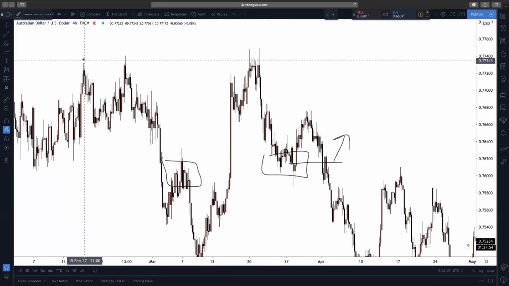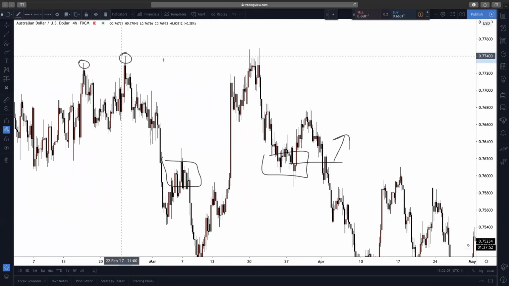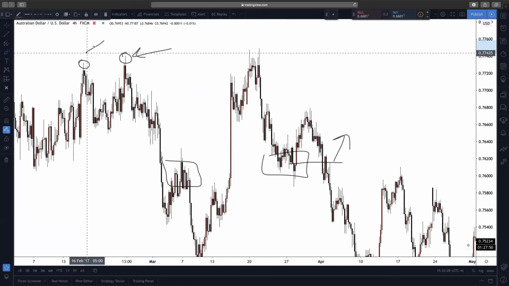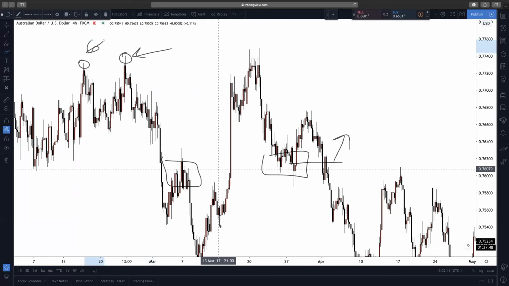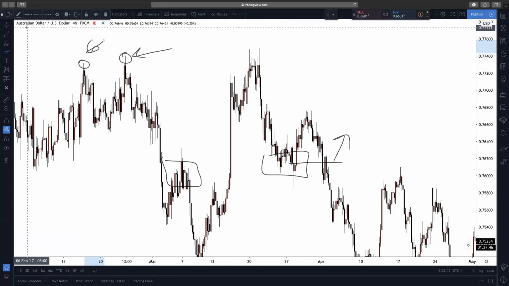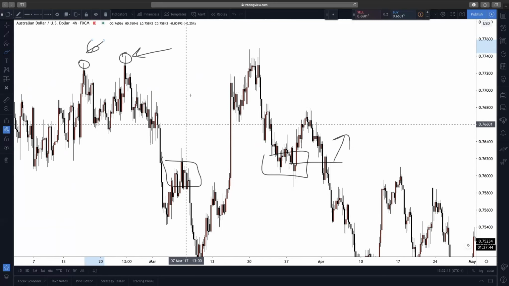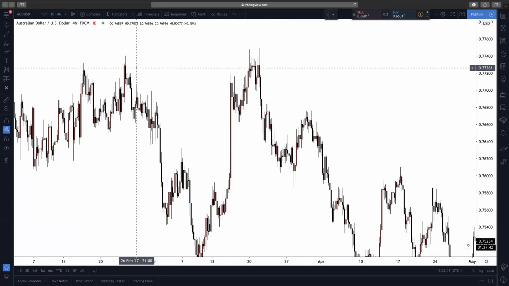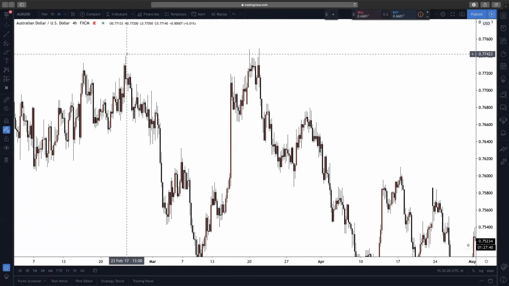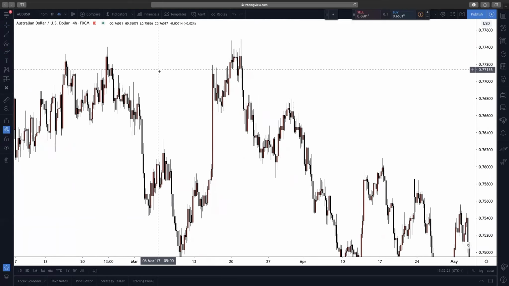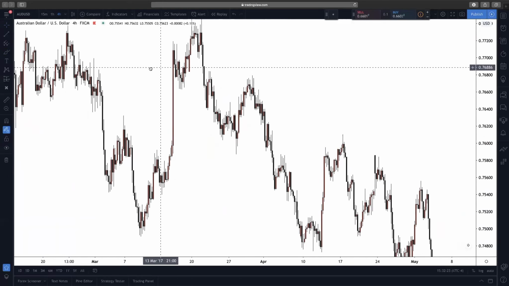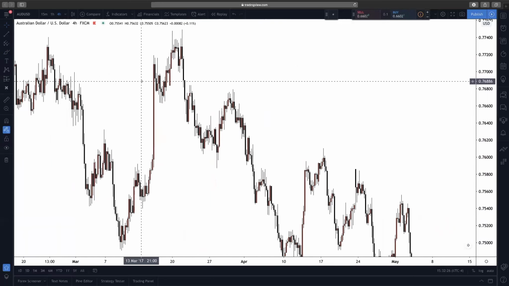was just to clear retail stop losses that were to the left of it, right? This doesn't really mean that the Australian dollar is doing amazing. It's all about grabbing the money of the masses here. That's what this chart represents.